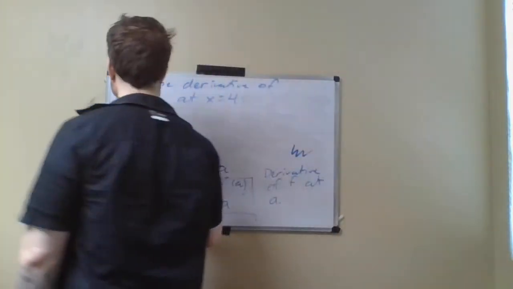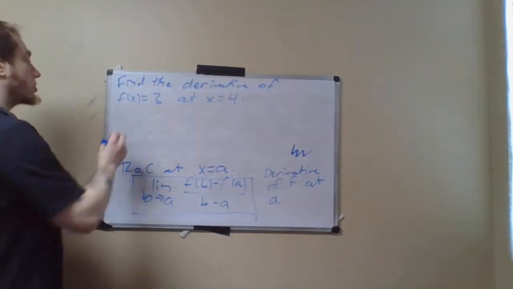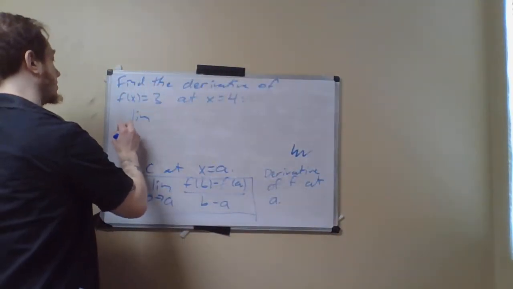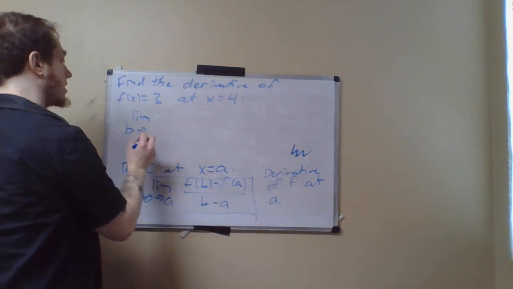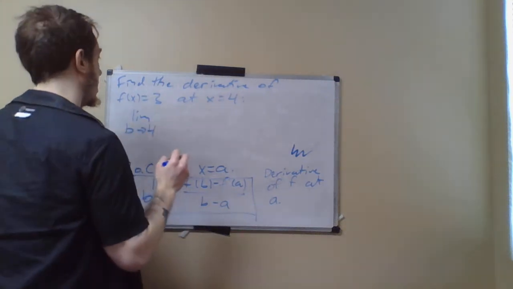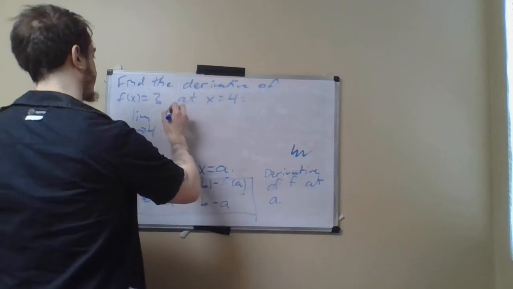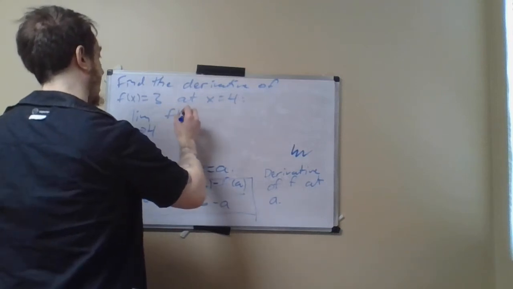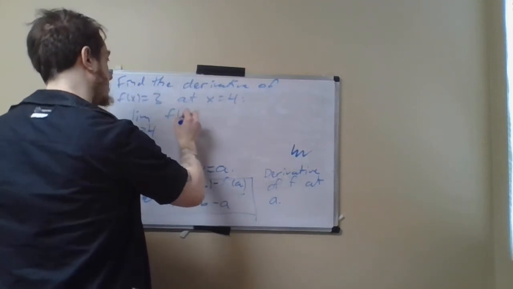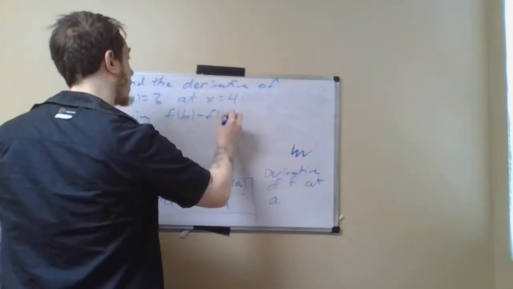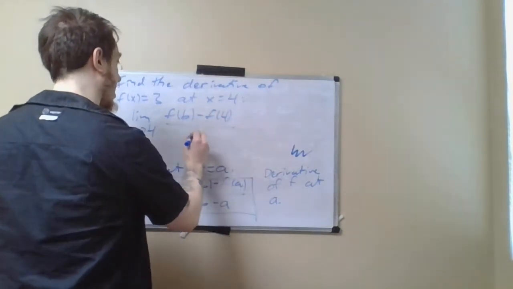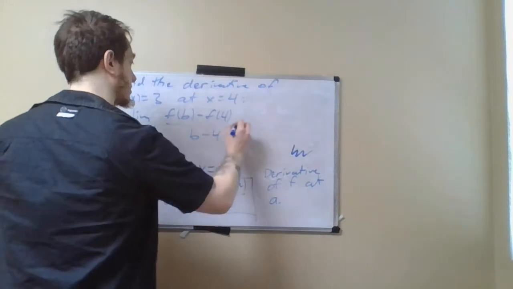But that is, in fact, going to be the case, because what we're going to be doing is we will be looking at the limit as b approaches 4 of f of b minus f of 4 divided by b minus 4.